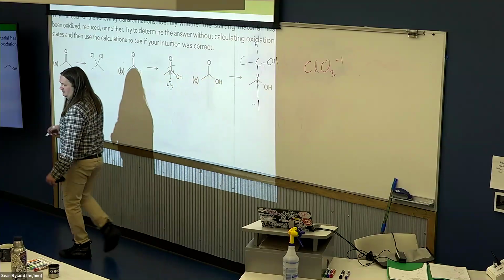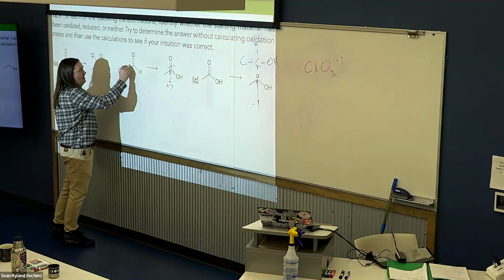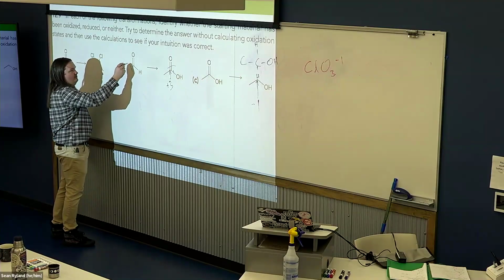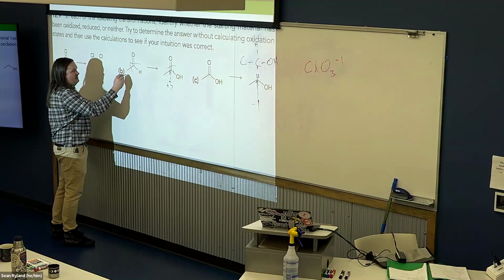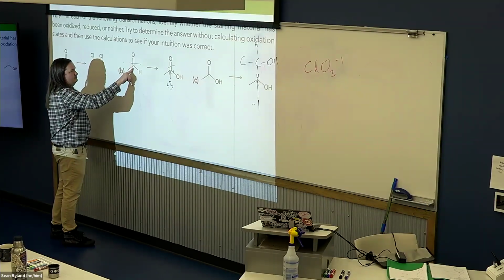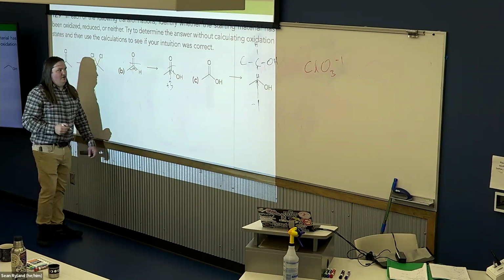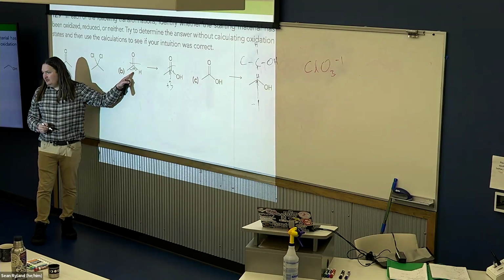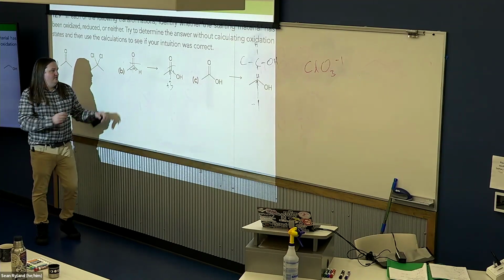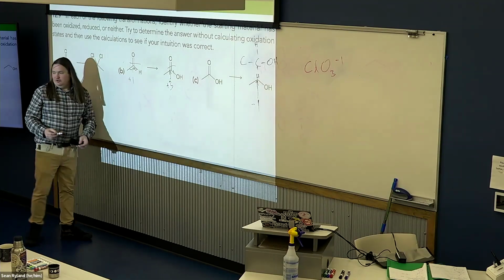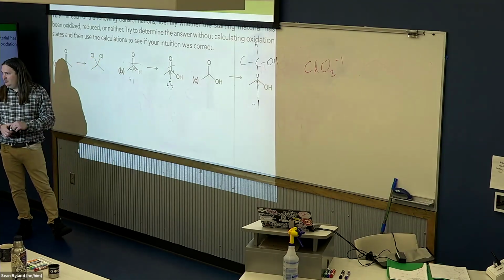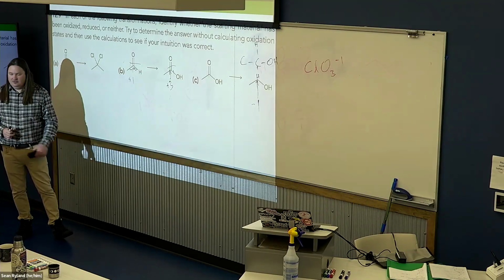Versus this one, you get 1 electron from the carbon side, none from the oxygen side. So it has 3 electrons. So it went from a +1 to a +3. So that makes sense.